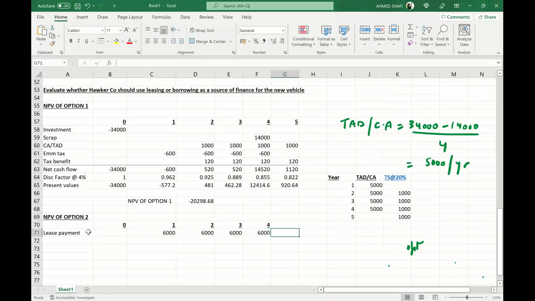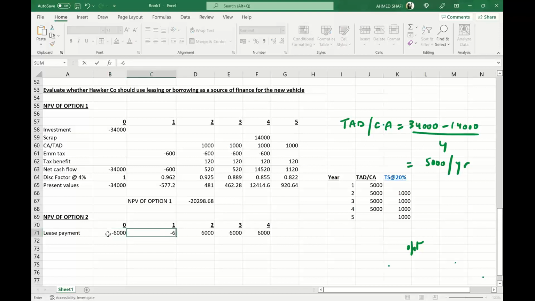But the problem is they are paid at the start of each year. So 6,000 for year 1 is paid at the start of year 1. You should all remember that in NPV calculations, if some payment is made at the start of each year, that means for year 1, the lease payment is made at the start of year 1, you should record this outflow in year 0.